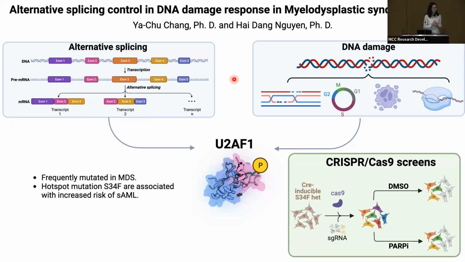Of course, we are going to look into RNA-seq data of this engineered cell model, but the CRISPR-Cas9 screen will allow us to identify the genetic vulnerabilities in these cells specifically. So I think these are two different approaches that we can take to study this project. Yeah. Thank you. We should move on. Thank you. Very, very nice.